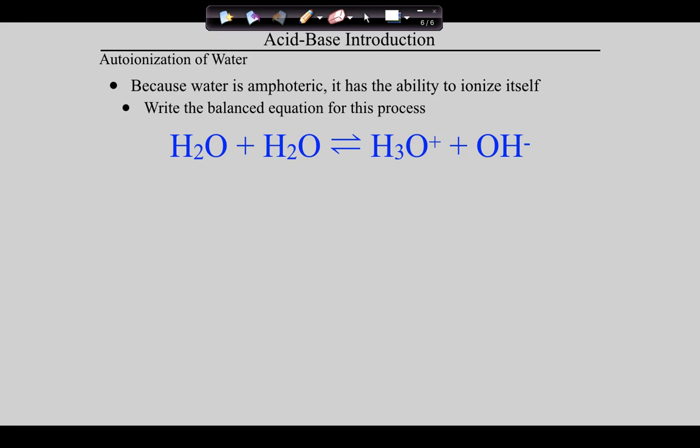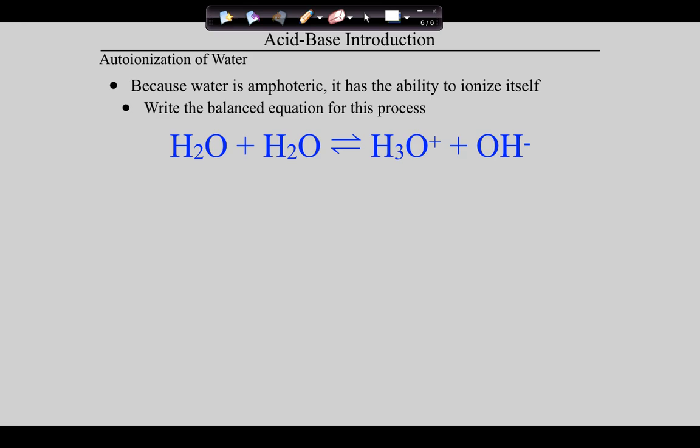So guys, what we have here are two water molecules, and maybe it might be helpful for you to picture this. What we're representing here is two water molecules interacting with each other. Can you picture it, or do I need to show you?